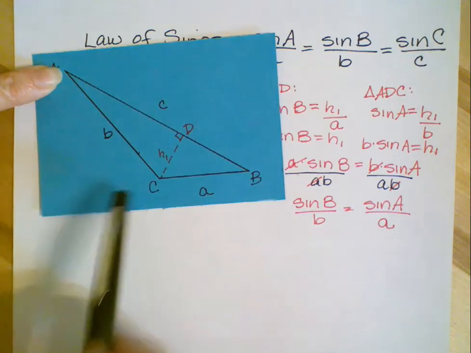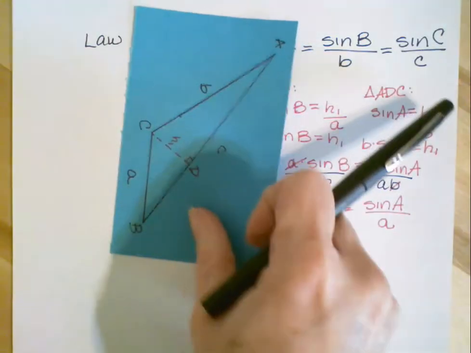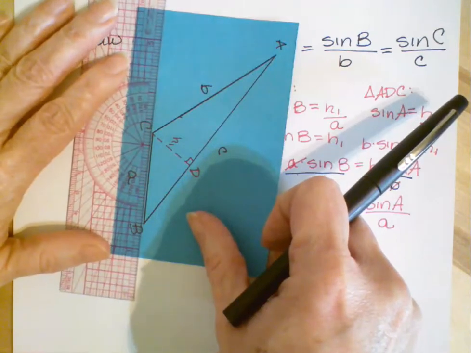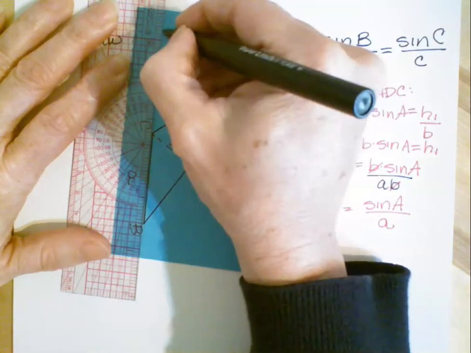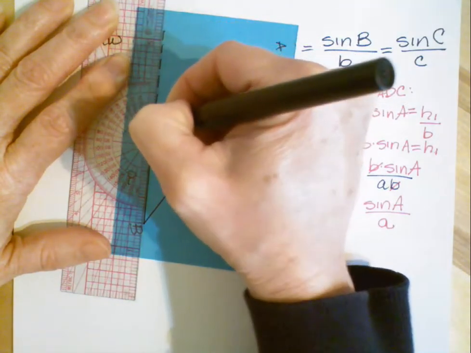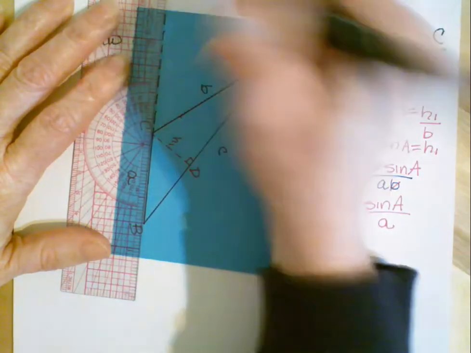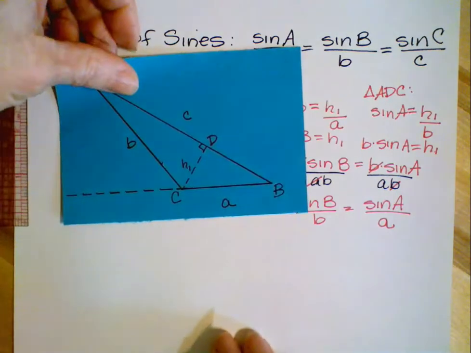Now, in order for that to happen, I'm going to have to start by extending this segment CB. We'll do that with just a little dash segment outside the triangle, leaving everything in the original diagram as solid lines, something like so. So if we extend segment CB, then our diagram becomes this.